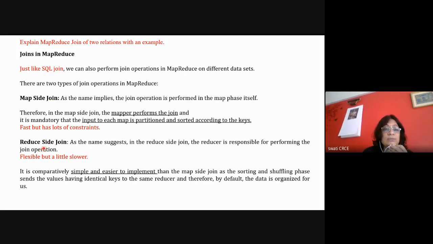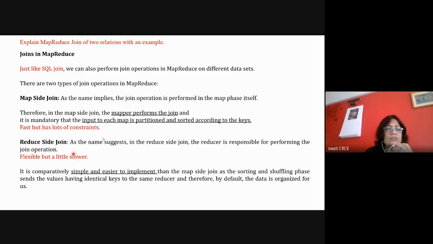Mapper side join means at the mapper side only we perform the join operation, and then we just shuffle and show the output. But in the reducer join, the join operation is done at the reducer side, with the shuffler helping in that case.